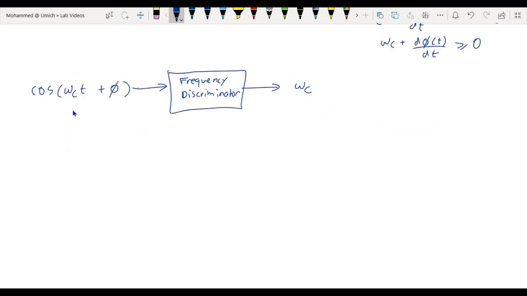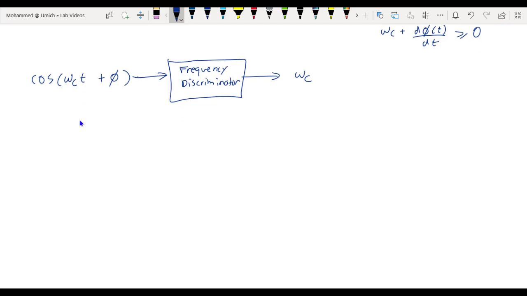And based on this, if I input a sinusoid of a higher frequency to our composite system, then the output omega c, which is DC, would be higher. And conversely, if I input a sinusoid of a lower frequency, then the output would be lower. And so this way, the system output is proportional to the frequency of the input, and hence it acts as a frequency discriminator.